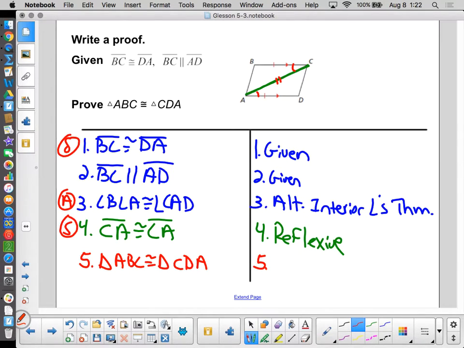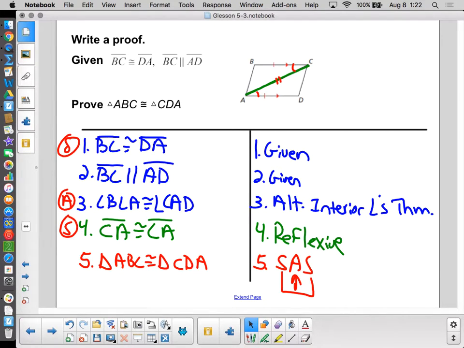And my reason, side, angle, side. Because the angle is between the sides. It's that way in the picture, it's that way in the theorem. Side, angle, side. We're going to get plenty of chance to practice this. You're certainly welcome to go back, rewind this, and look at it again. See if it helps.